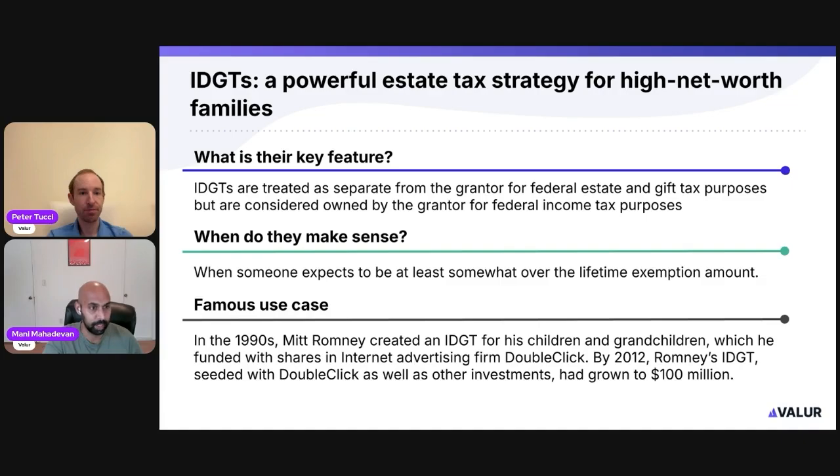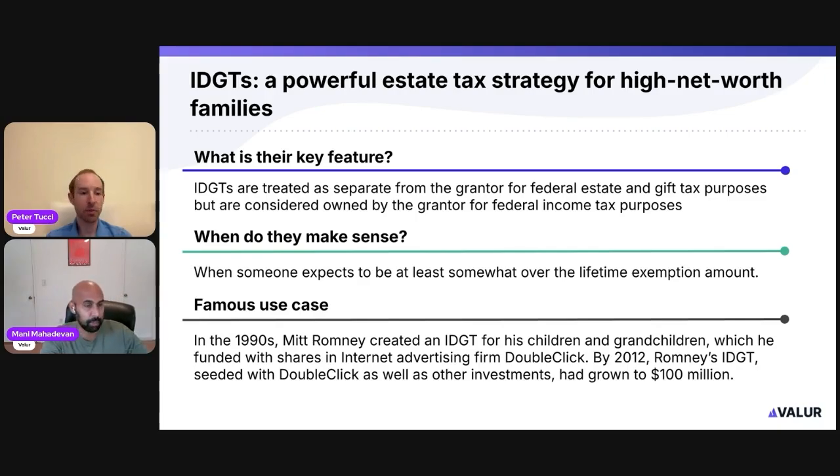So we talked about this key feature, and we'll go into why that's so powerful. Briefly, because the trust is treated like you for income tax purposes, there's a bunch of stuff you can do with it that can be very efficient from an estate tax perspective that would otherwise generate income tax liability if the trust were a separate taxpayer. And there are a bunch of neat features, which we'll talk about in the next slide.